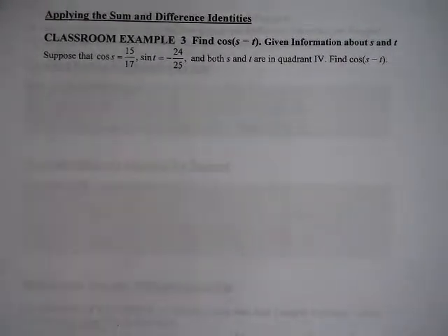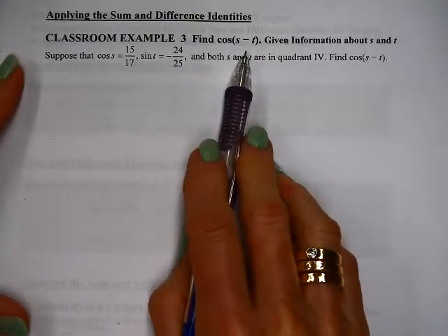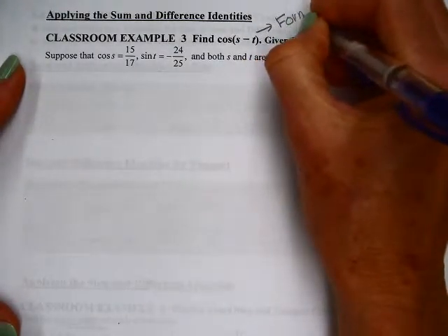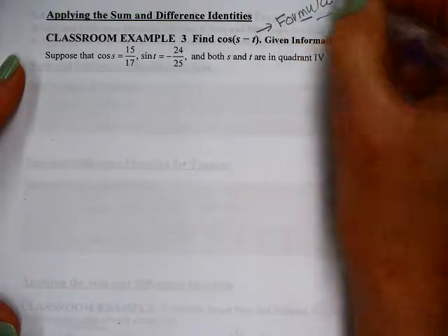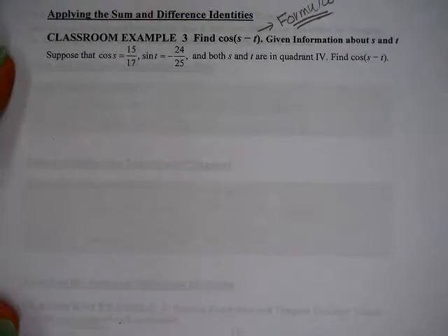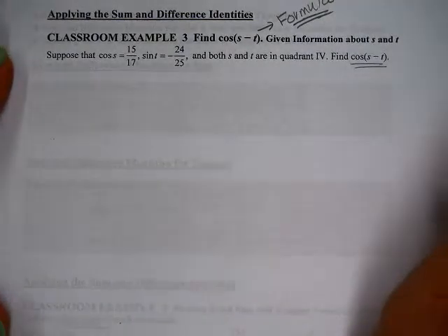Classroom example 3. This is back to section 5.3. Find the cosine of s minus t. This is a formula. So please think formula when you see this. And the first thing I would probably do is go and find my formula.